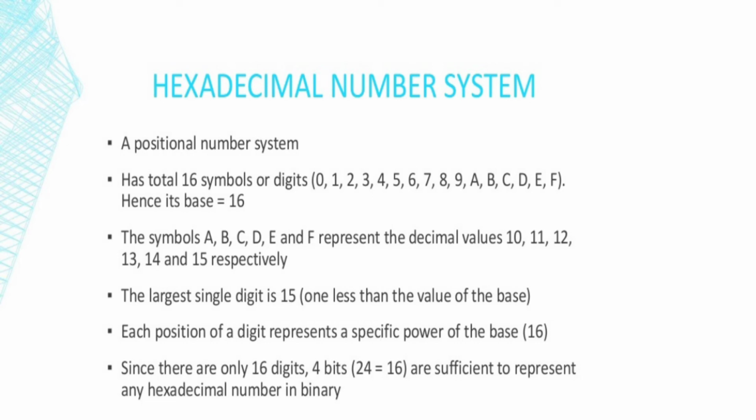This is a little bit different from what you learned ahead in the three number systems. Hexadecimal is a little bit different, as hexa means 6, decimal means 10. Hexa 6, decimal 10. 10 plus 6 makes 16.